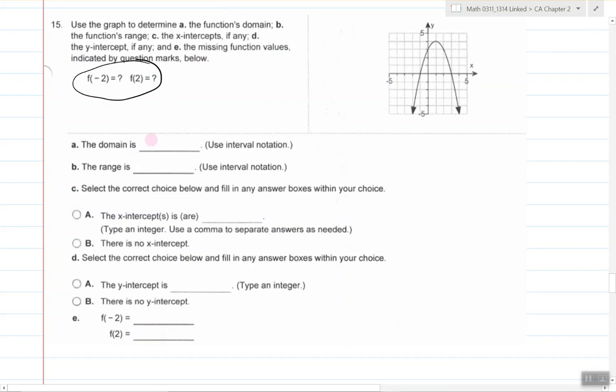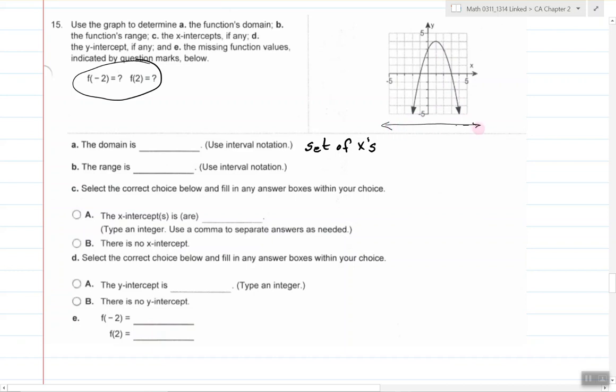I'm going to remind you that domain is the set of x's for which the function is defined. Now this function, although it's quite obvious that it is heading down, when we're talking about domain and we're talking about x's, we're not concerned about up or down. We're concerned about right to left or left to right.